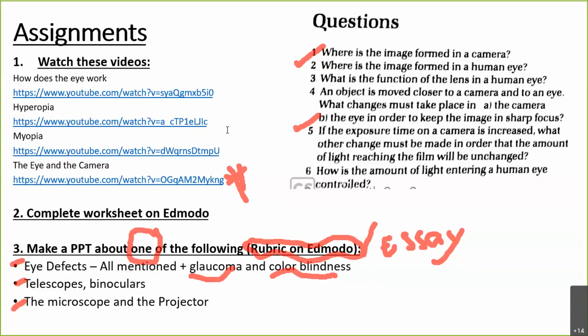Go ahead, Sarah, I'm listening. What's your question, Sarah? Oh, uh-huh. This last slide or the previous slide?